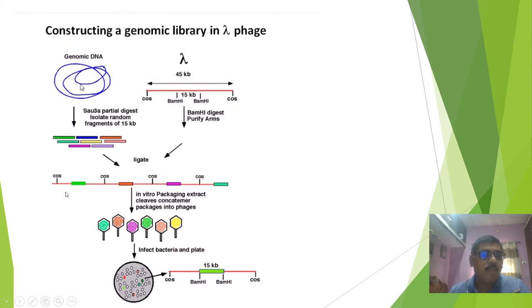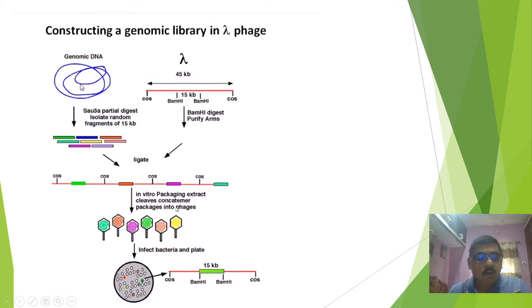For packaging. From one cos to the next cos will be one fragment, and from another cos to the next cos will be another fragment. After ligation, such a molecule will be formed having multiple cos sites, and such a molecule is called a concatemer.